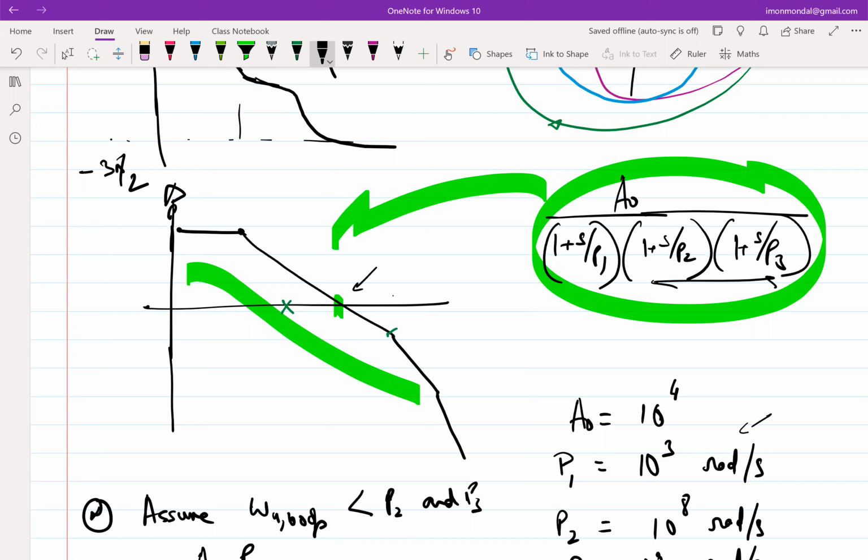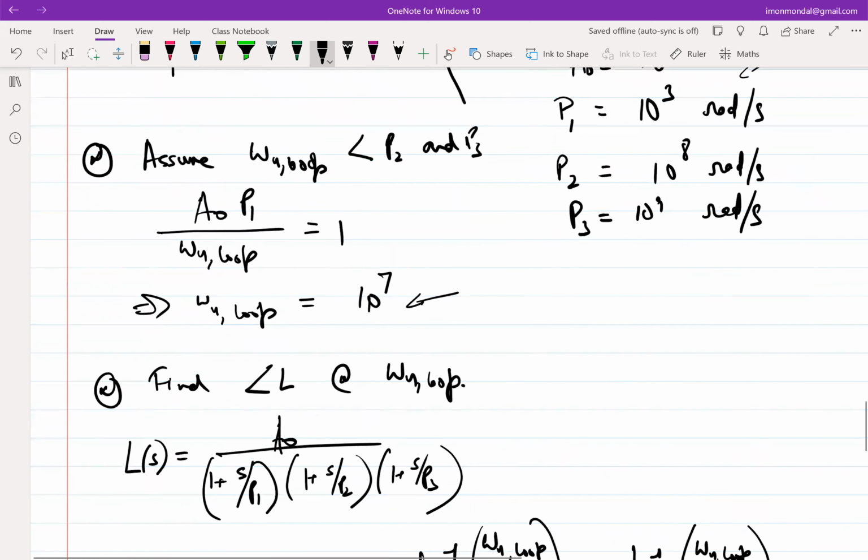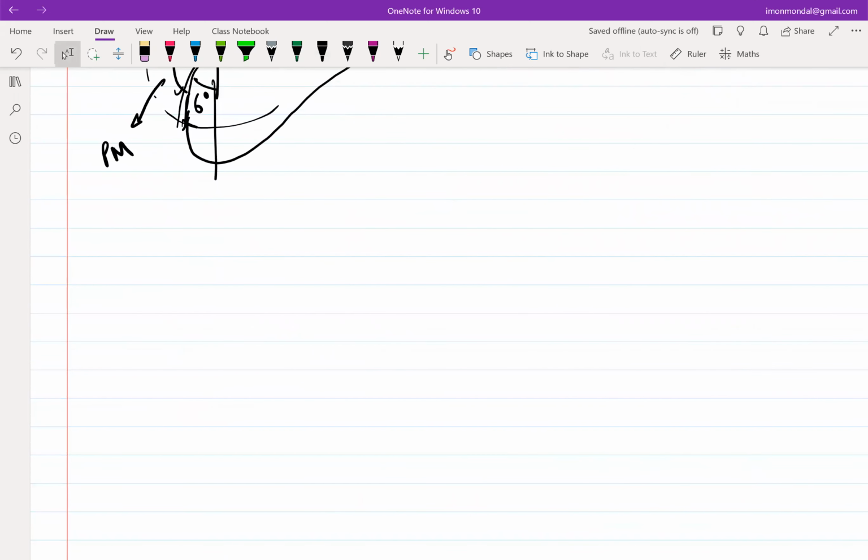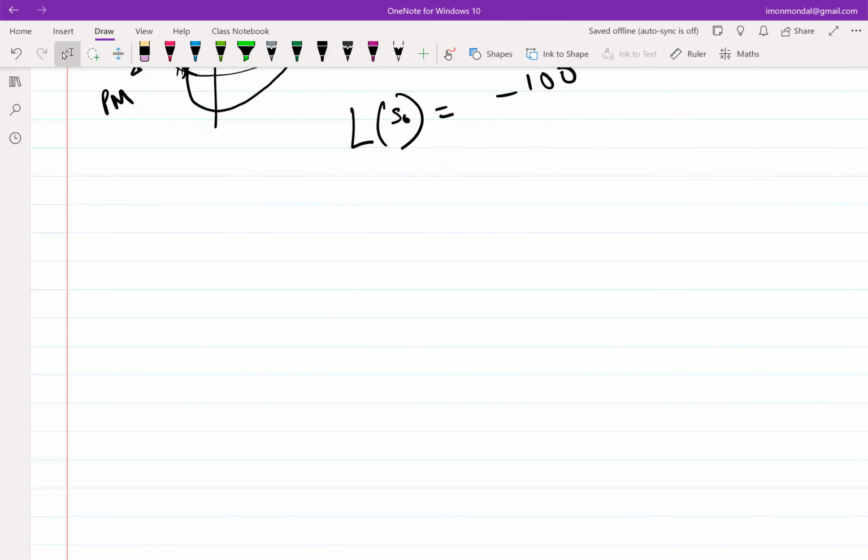For example, if I just tell you I have only observed one frequency point, and I say L of S at some frequency point is minus 100, can you tell me whether the system is stable or not? You cannot actually tell, because I have not given you any information.